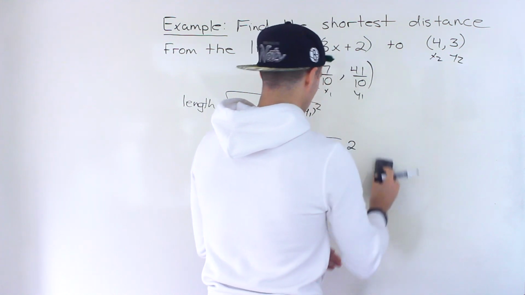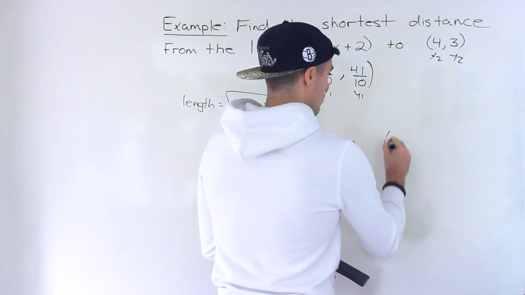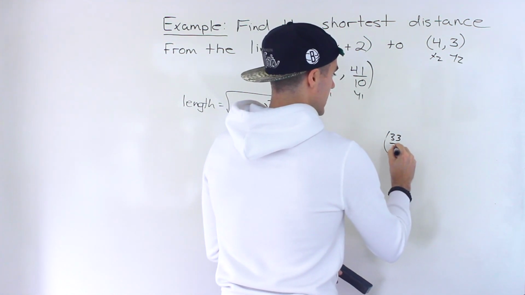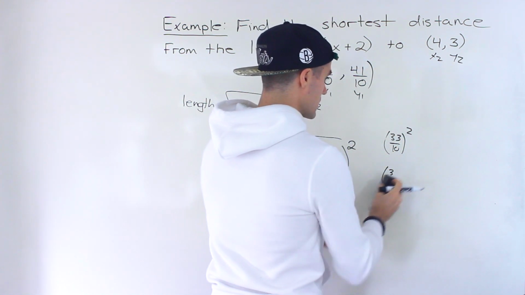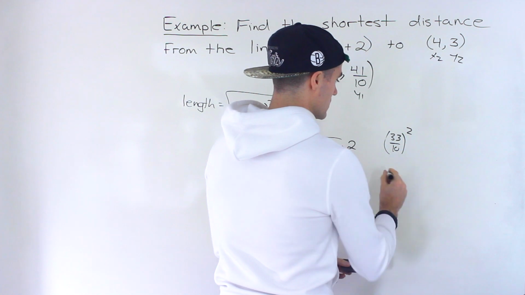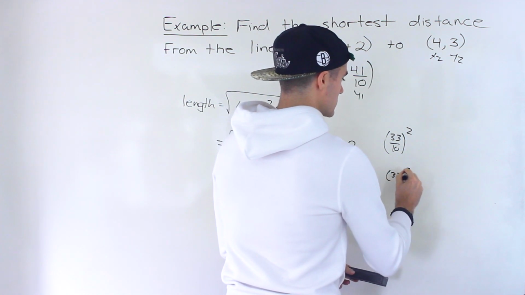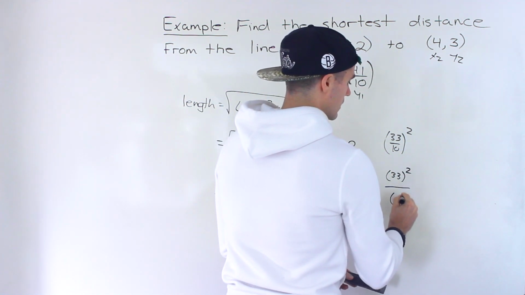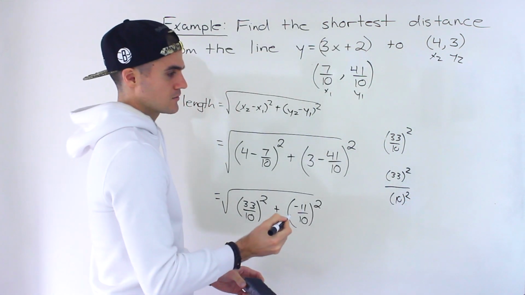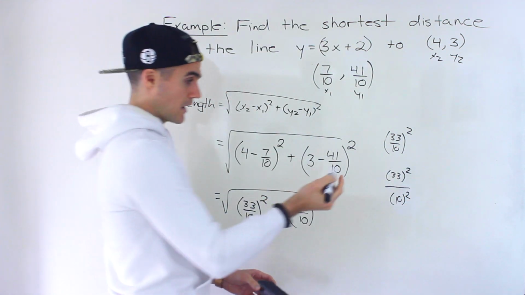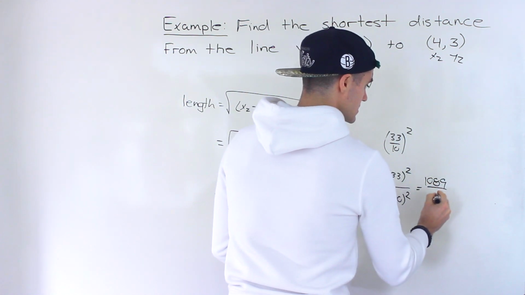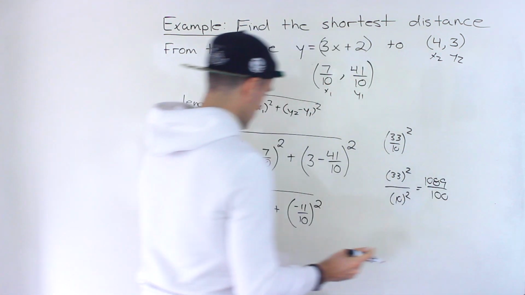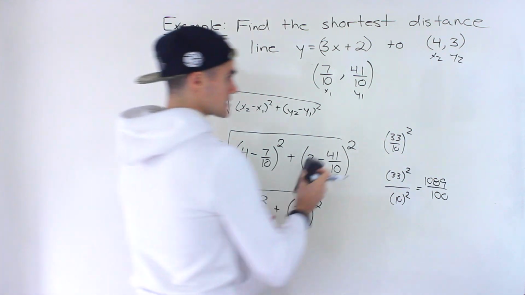Following that rule, 33 over 10 to the power of 2 would be 33 to the power 2 over 10 to the power 2. 33 to the power 2 would give us 1089. 10 to the power 2 would give us 100. So that's what this is going to simplify to.